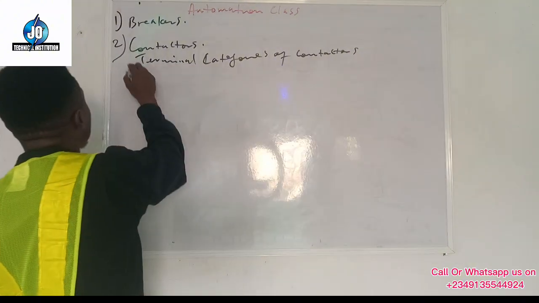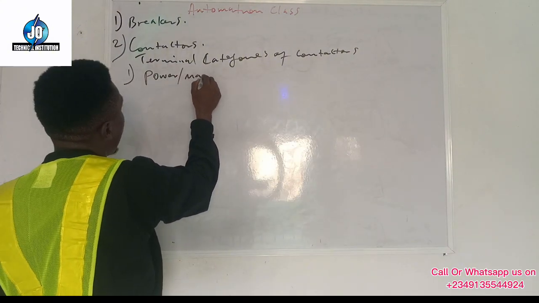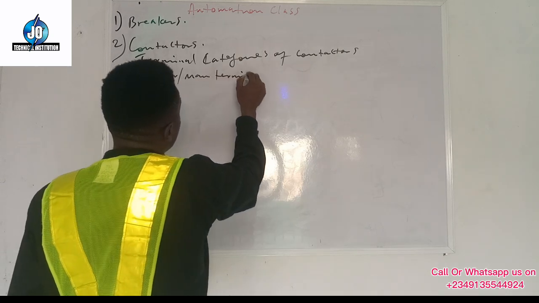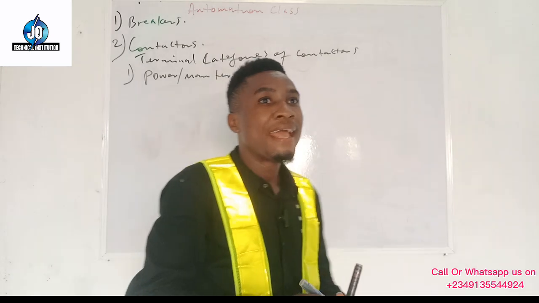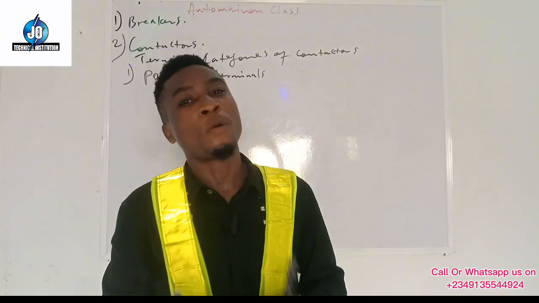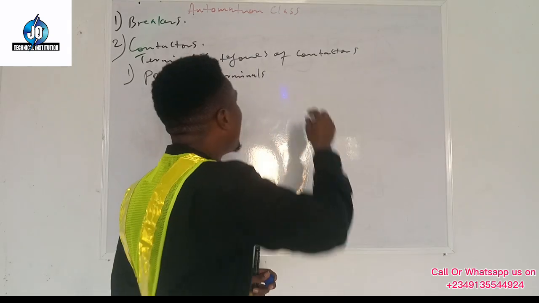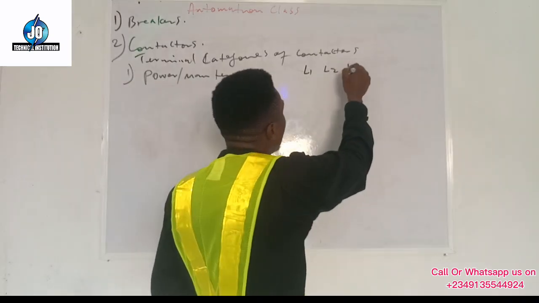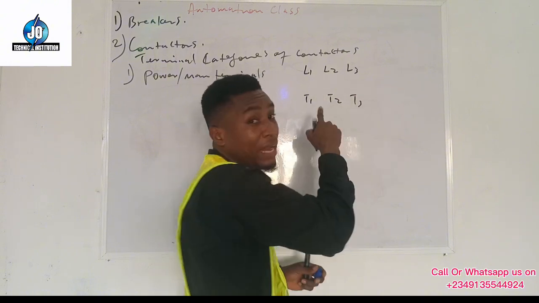Now, number one terminal category of contactor is what we call the power or main terminals. The power or main terminals of contactors are the terminals that enable us to supply current from the source down to the load, and they are labeled L1, L2, L3, and then T1, T2, T3 for a 3-pole contactor.